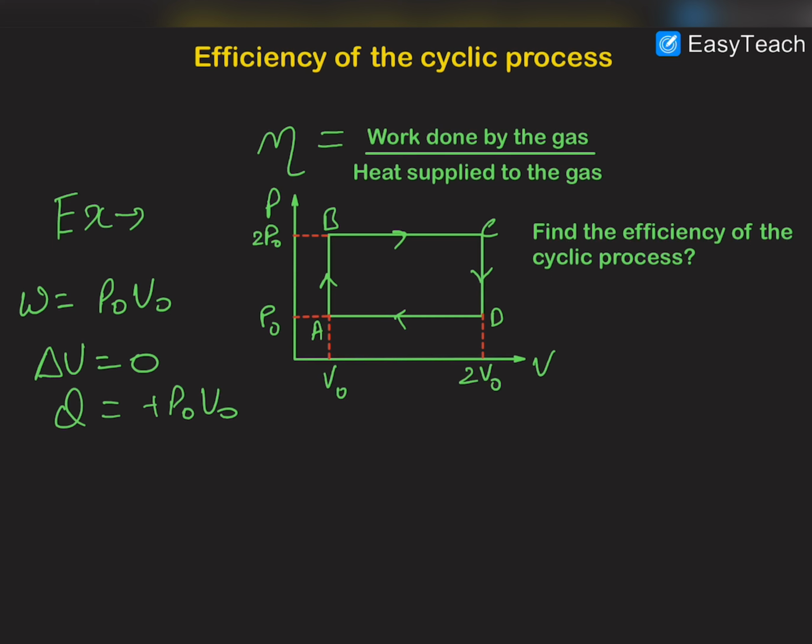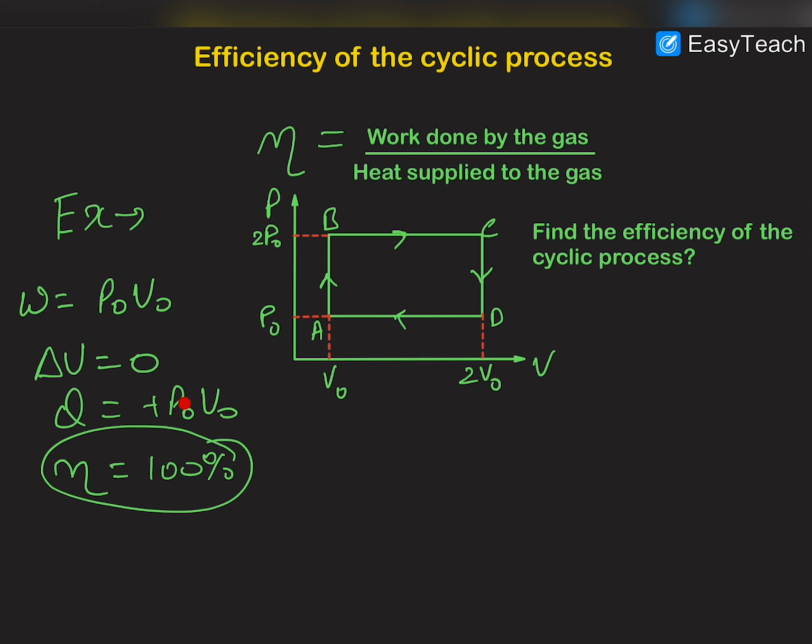Many of the students answer efficiency as 100% because in all the cases in a cyclic process they get the same work done and the same heat supplied, and therefore they answer the efficiency as 100%. This is absolutely incorrect, because this Q is not the heat supplied to the gas.